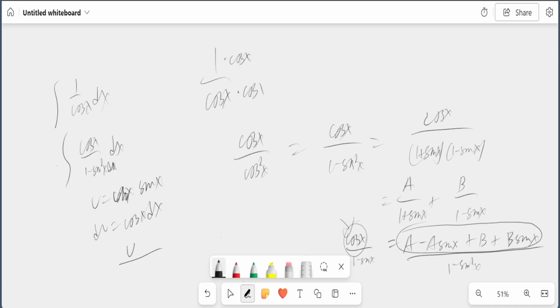Then this is 1 over 1 minus u squared. Now you can do partial fractions with that just fine, and then convert it back after. Does that make sense?